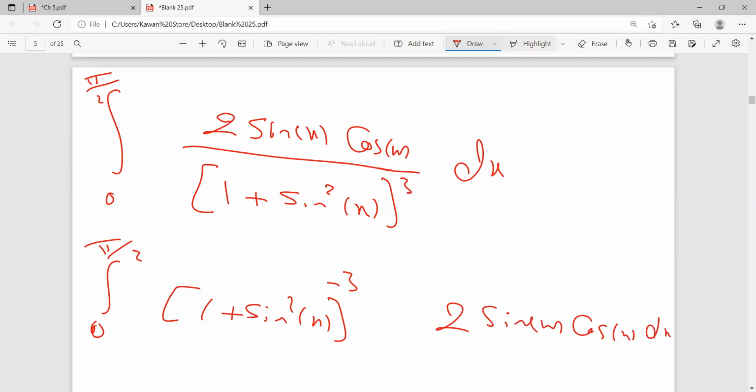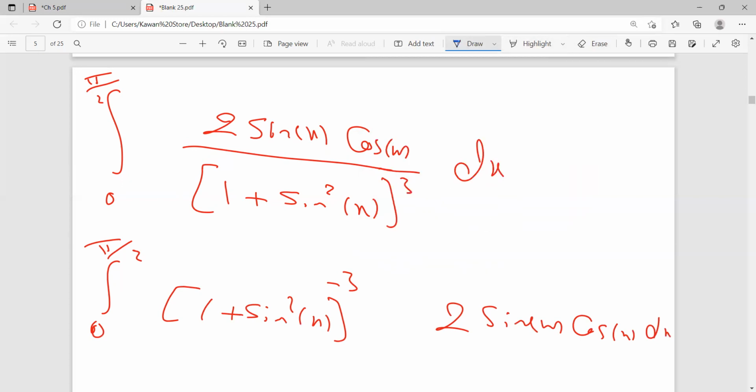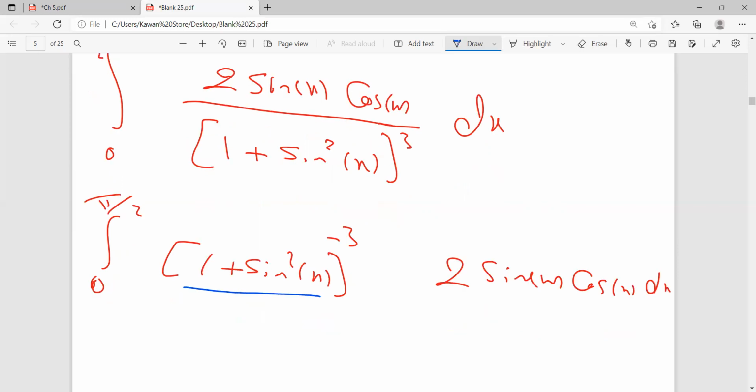Now I'm asking you, which rule can we apply from these 3 that I gave you? This is direct. Can I say it is equal to that one? No. So I have 2 things. Maybe one of them is the derivative of the other, right? Let me check. Derivative of here, not here, just here.